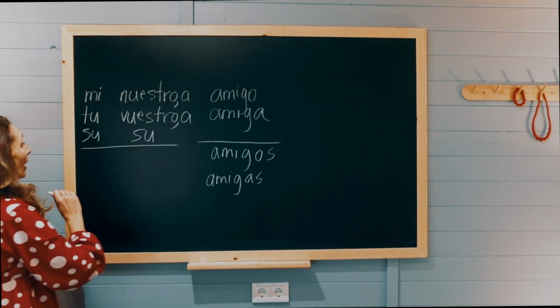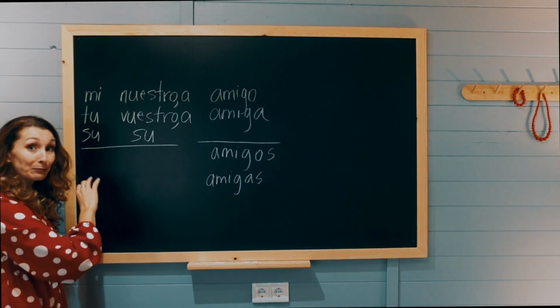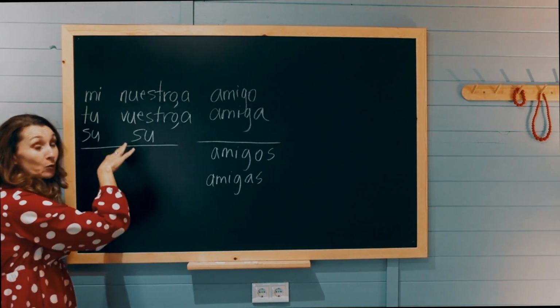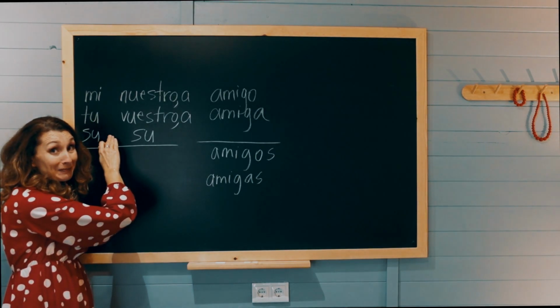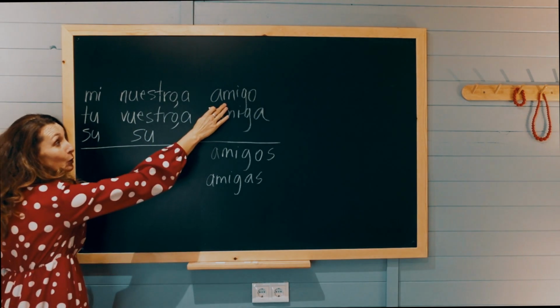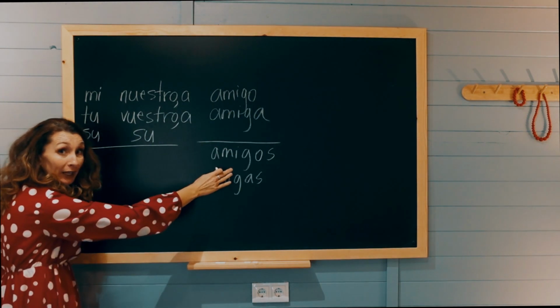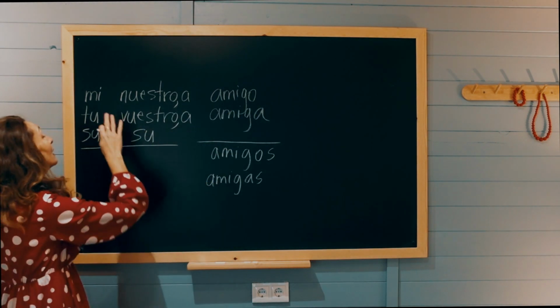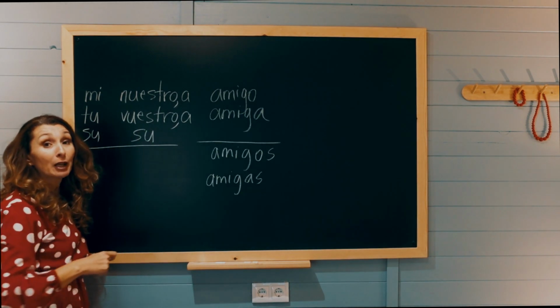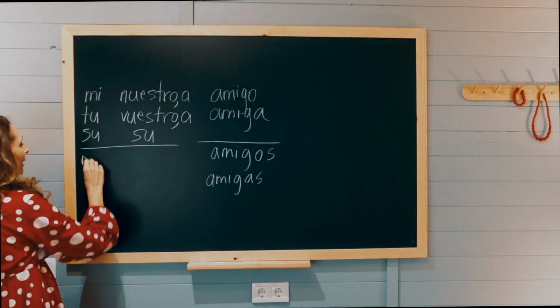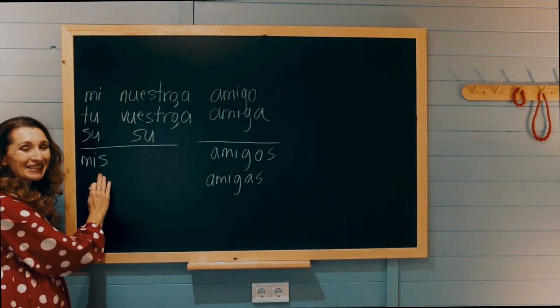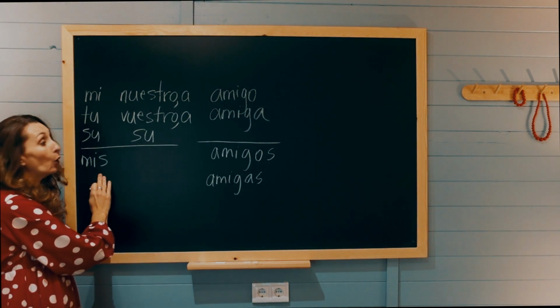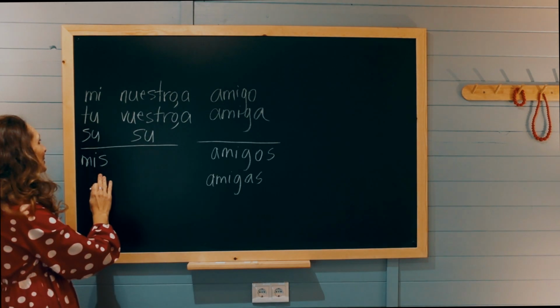Plural. What happens here? These words will now reflect the number, okay? So because we're not talking about one friend, we are talking about several friends, these words will become plural as well. And my friends will be mis amigos or mis amigas.